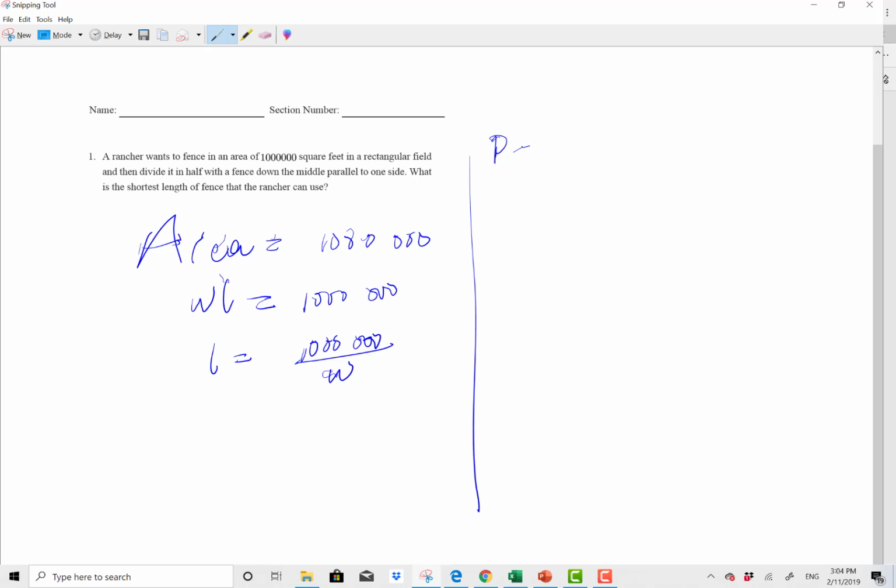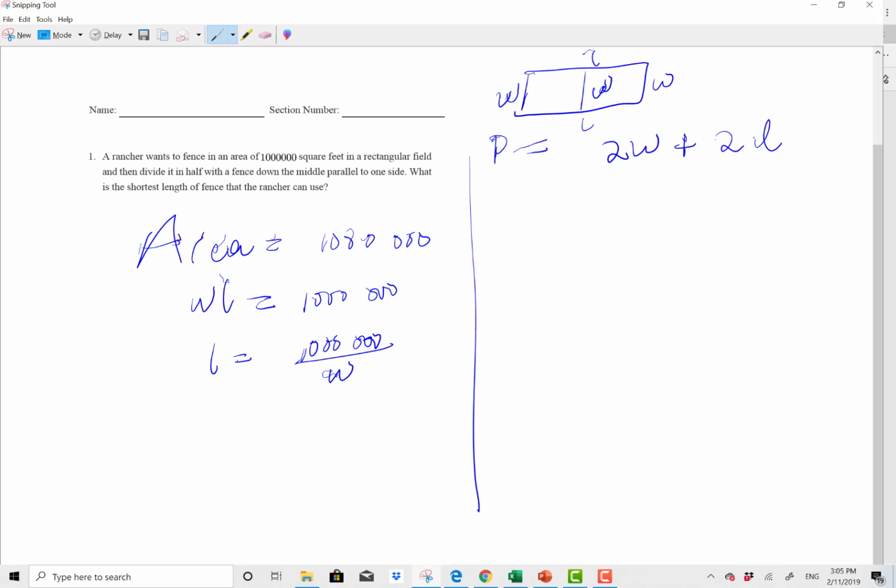We know the perimeter of the rectangle, if I draw the rectangle right here, going in the center, I'm going to have L at the top, L at the bottom. Then I'm going to have W in the middle, and a W right there. I realize that my perimeter for the entire thing is going to be 2W plus 2L.